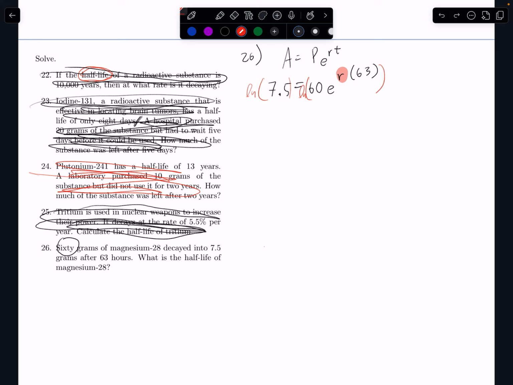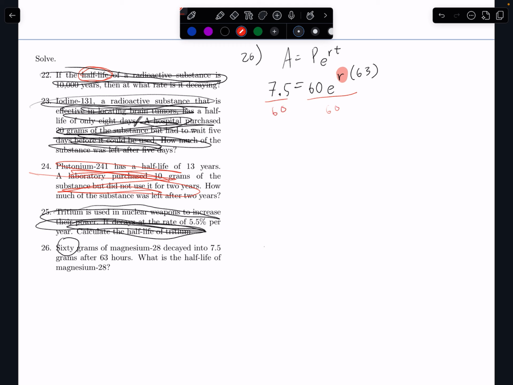If I apply the natural log, you could use the rules we just learned and get natural log of 60 plus natural log of e to the r times 63, and that's totally acceptable. But to me, that's not the easiest way to do it. The natural way is to divide both sides by 60 first.